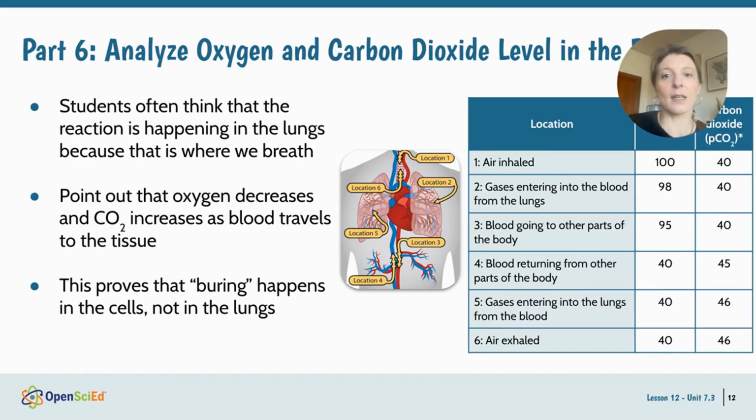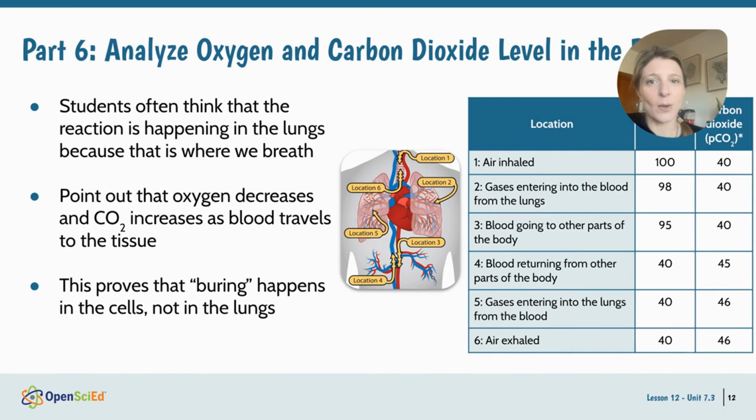A second key part is in part 6, where students analyze oxygen and carbon dioxide levels in the blood. See, my students often think that the reaction is happening in the lungs because this is where we breathe. To address this, have students compare location 3, which is blood going to the body, to location 4, blood returning.